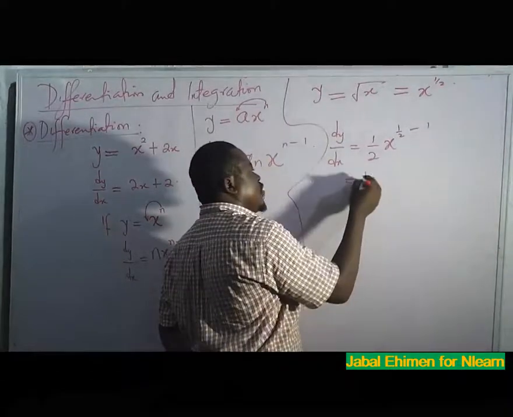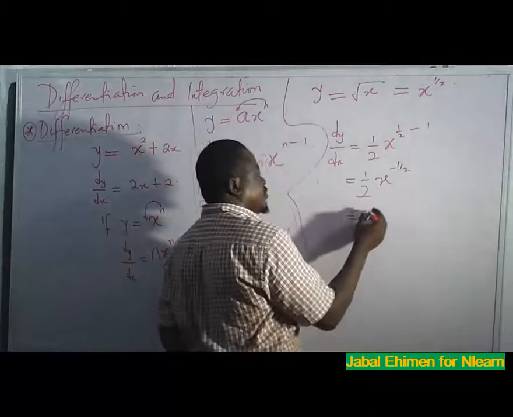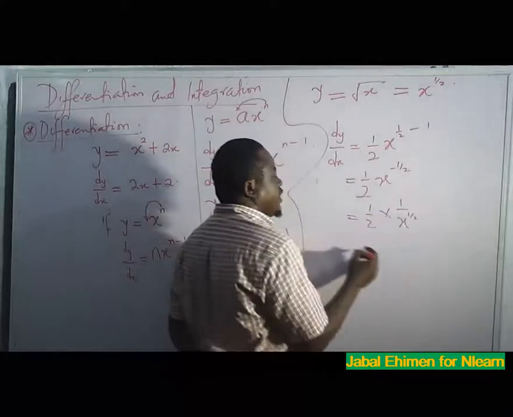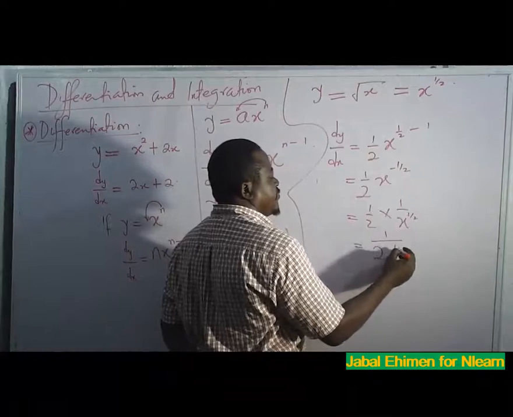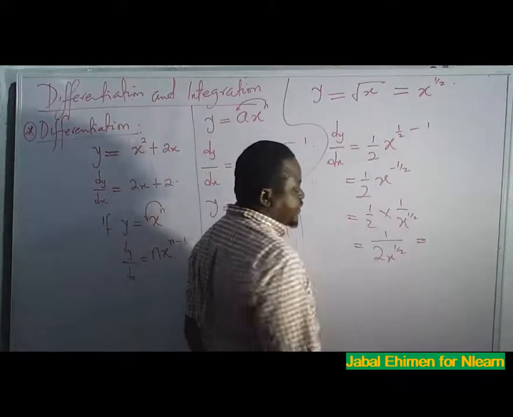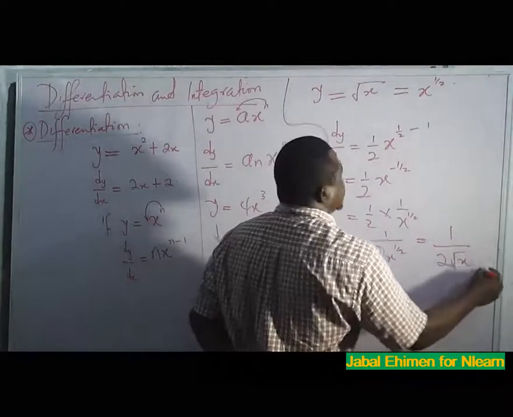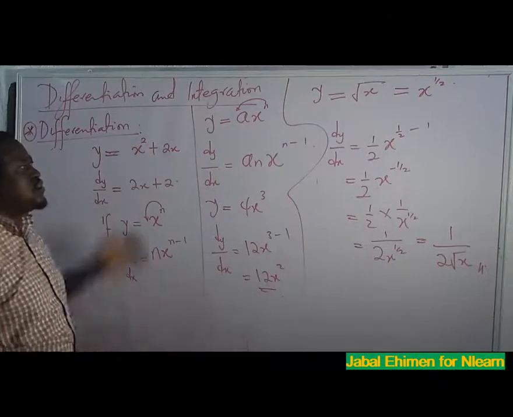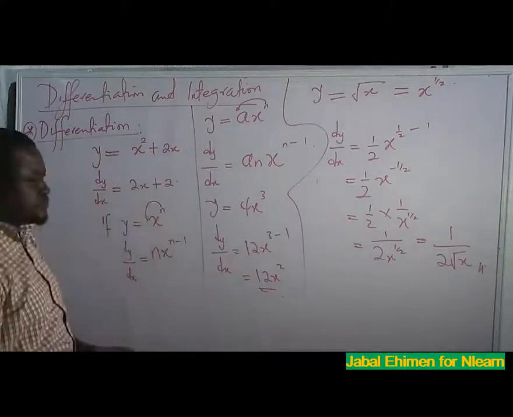That will give me 1/2 x^(-1/2). And that gives 1/2 times 1 over x^(1/2). And that gives 1 over 2x^(1/2). And that is the final value, 1 over 2 root x. So this is what we call the general method of differentiation.